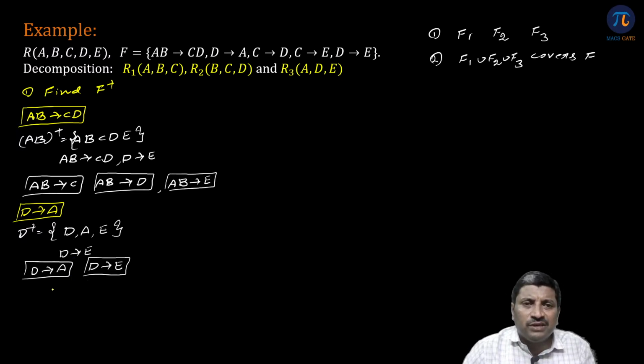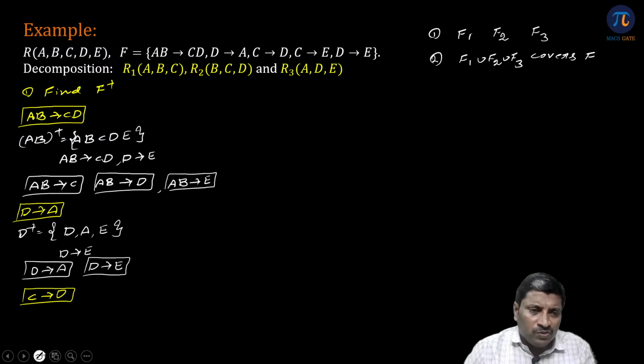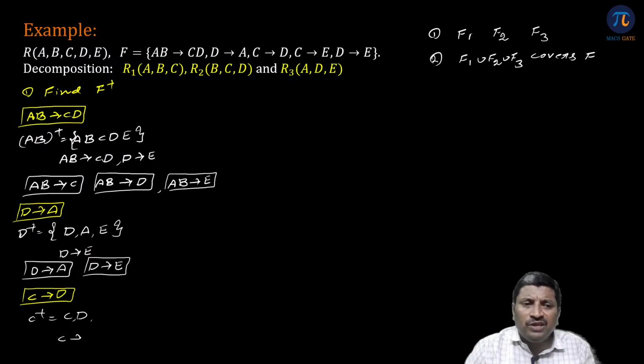What is the third FD, sir? C implies D. So C closure. With the C, you can get C, D. Then with the C, you can get E also. Right? Then with D, you can get A also, right?